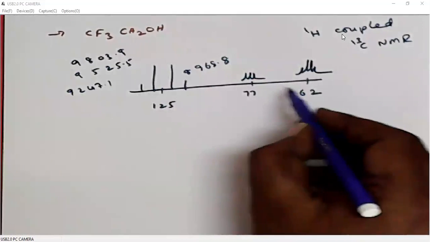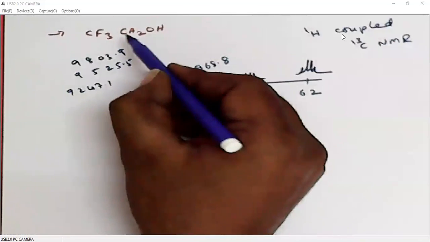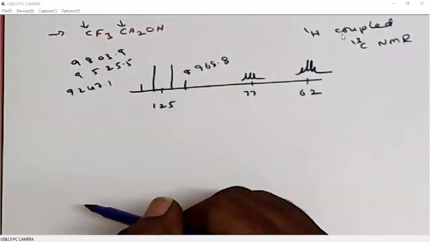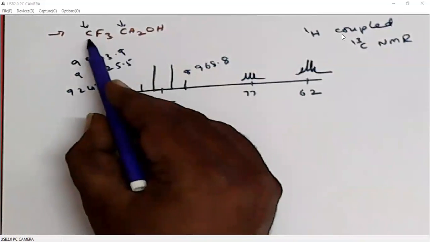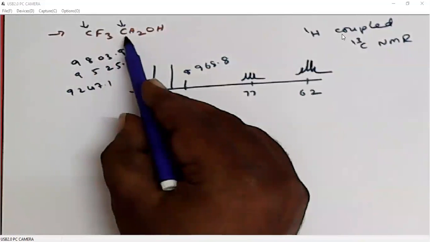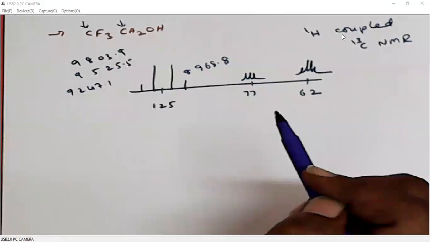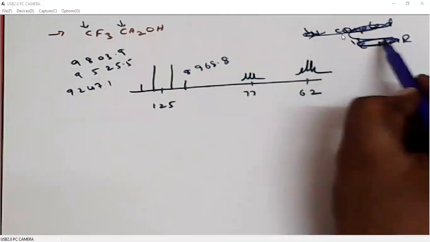Now from this data, we can clearly say that this compound will give two peaks in the carbon-13 NMR spectrum. One is for this CH2, one is for the CF3. In the proton decoupled spectrum, we will expect a singlet for this, but this is not proton coupled.